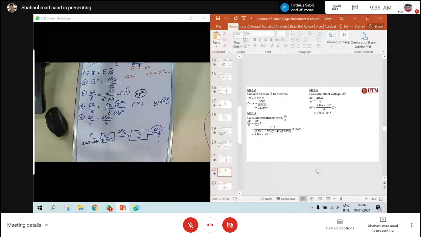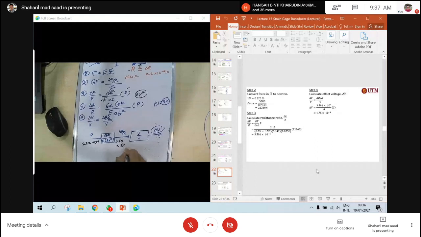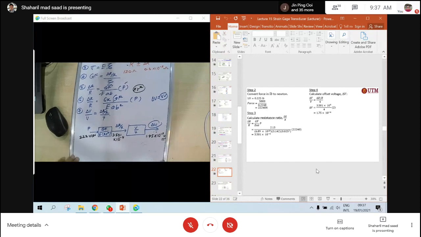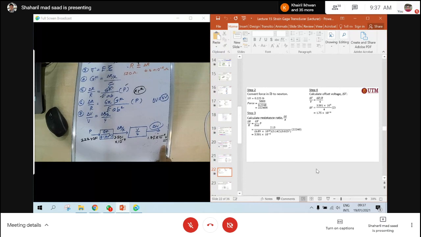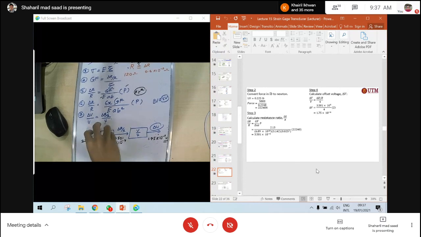It will give you 3.501 times 10 power of minus 4, and then it will give you delta V of 1.75 times 10 power of minus 4 volt. So you can see that when you apply a different force, it will give you a different delta V. So from the load cell, you combine to the Wheatstone bridge.